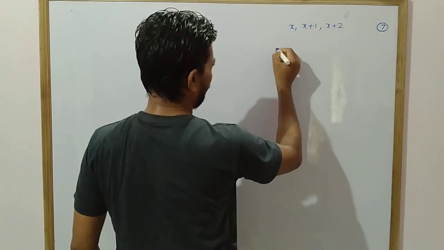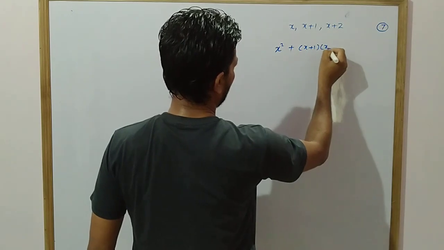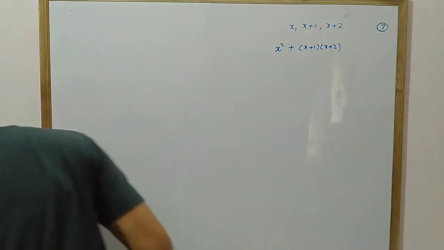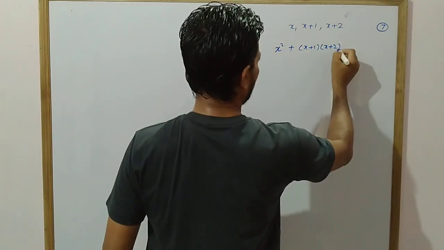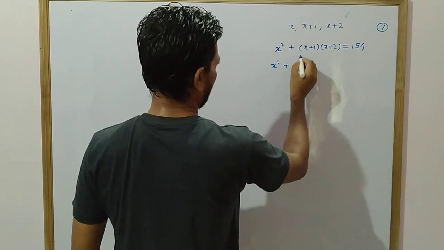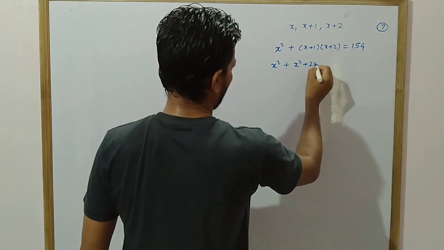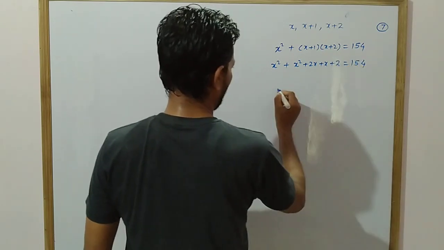So we can write: such that the sum of the square of the first and the product of the other two is given to be 154. So this is x square plus the product of the other two, x plus 1 into x plus 2, that is x square plus 3x plus 2, equal to 154.